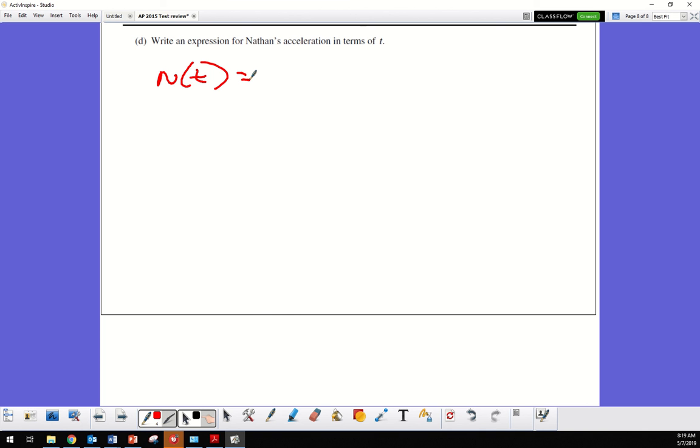So my N of t was equal to, can you guys help me with that one? Negative 150 over t plus 3, minus 50 e to the negative t. All right, we're going to take the derivative of this. I'm going to move this up to the top and do all the steps here.